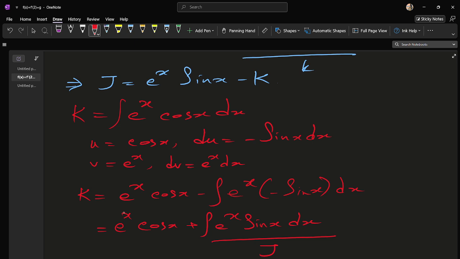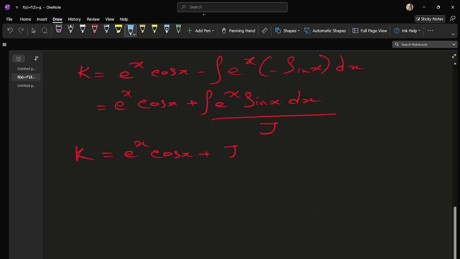So we can write j plus k equals e to the power x sin x, and k minus j equals e to the power x cos x.